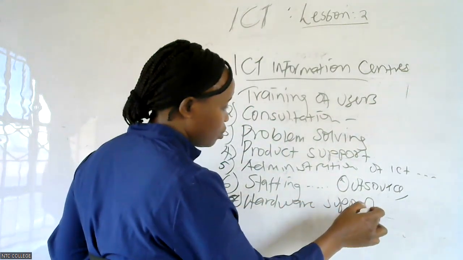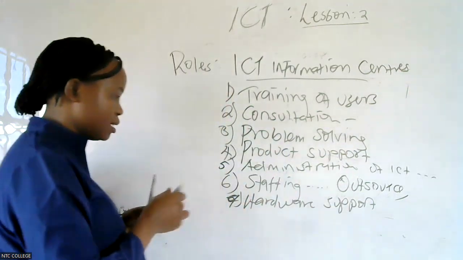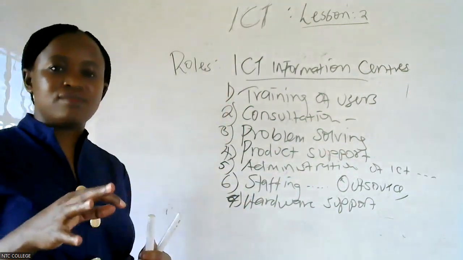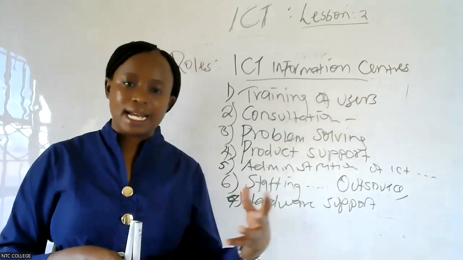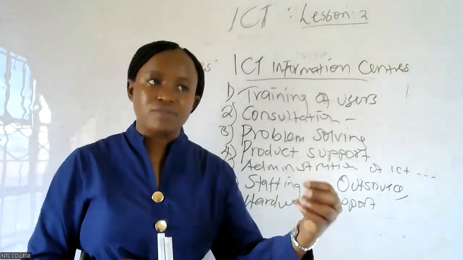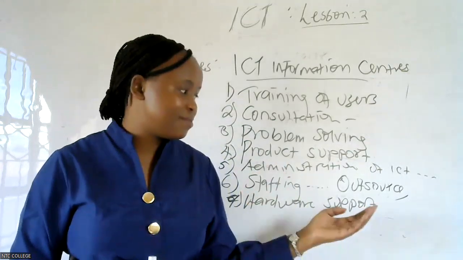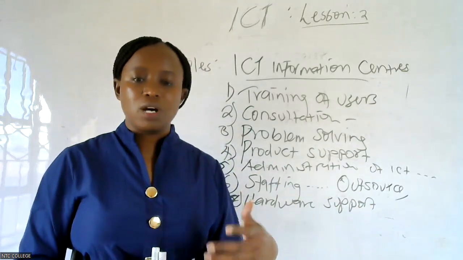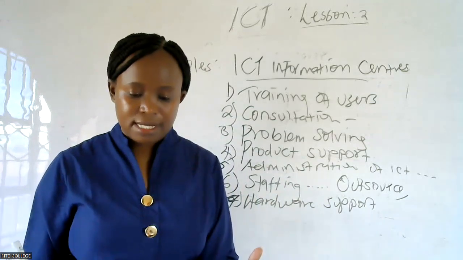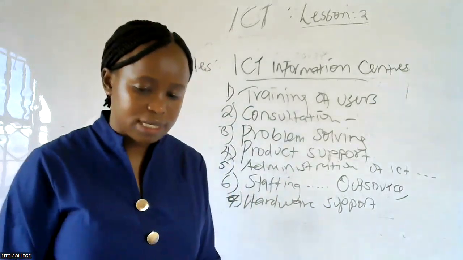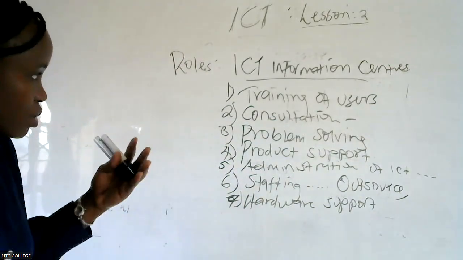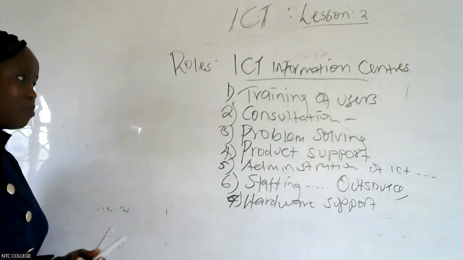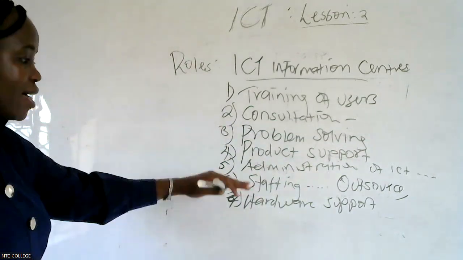For example, when it comes to cloud computing, nowadays we are given free services, whereby we can access the cloud as an infrastructure. We can get services like platforms. We are also given software now. Those are some of the roles ICT can play, the functions of the customer care support under ICT.